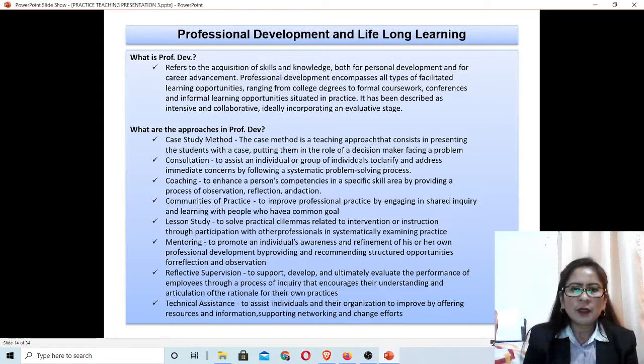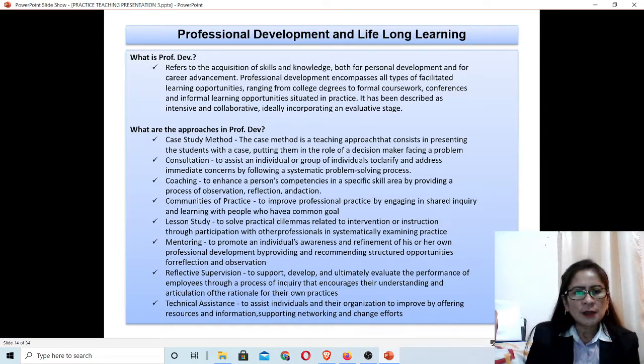Professional development encompasses all types of facilitated learning opportunities, ranging from college degrees to formal coursework, conferences, and informal learning opportunities situated in practice. It has been described as intensive and collaborative, ideally incorporating an evaluative stage.